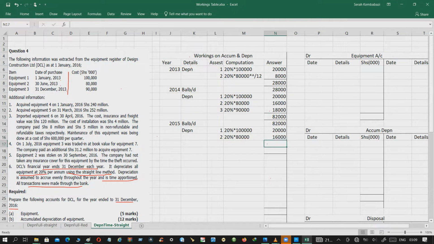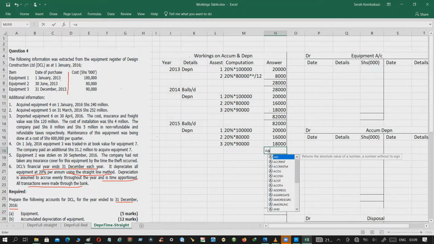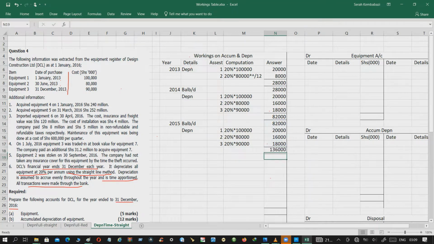It will be 16,000. For equipment 3, it is also the same case. We had it for that whole year. So again, it will be 18,000. And when we total up, we'll have an amount of 136. So that will be our new opening balance at the start of the financial year 2016.